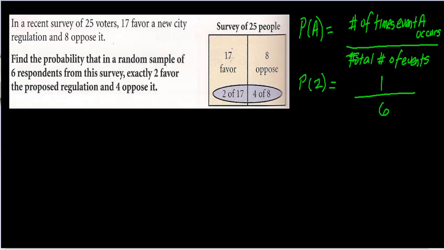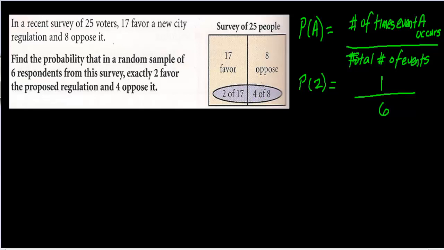We have this picture here where there's a total of 25 people, 17 favor, 8 don't. Here's what they're asking: I'm randomly choosing 6 people out of the 25, and I'm calculating the probability that 2 of the people I choose from the 6 favor the regulation and 4 oppose it.